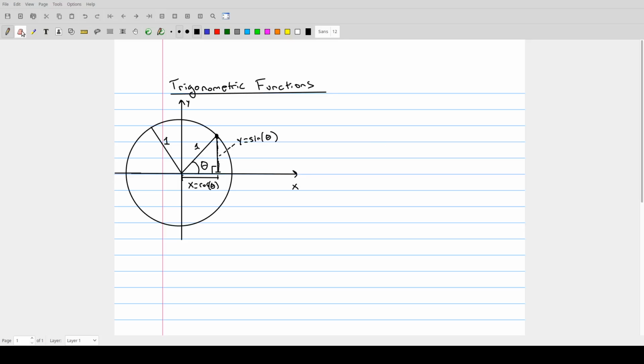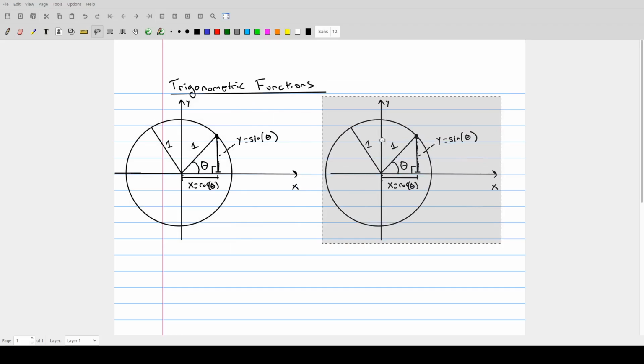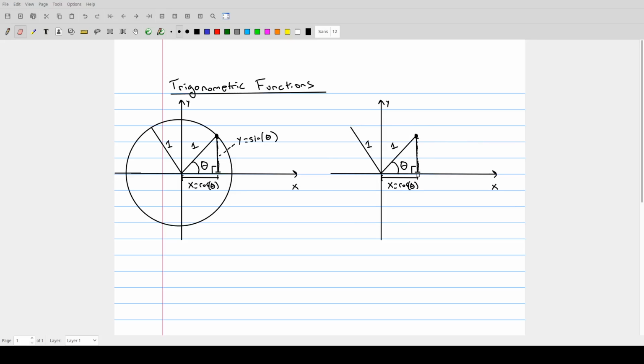This actually works for any circle of any radius. If we take a copy, maybe of a larger or smaller circle, with a different radius, so maybe something that looks like this.